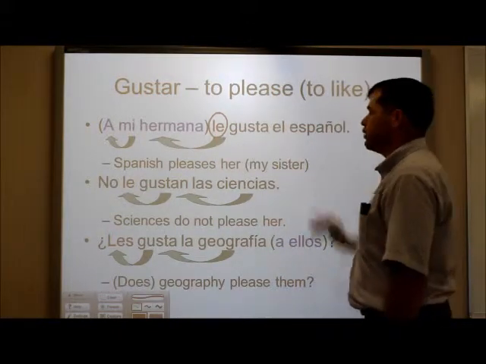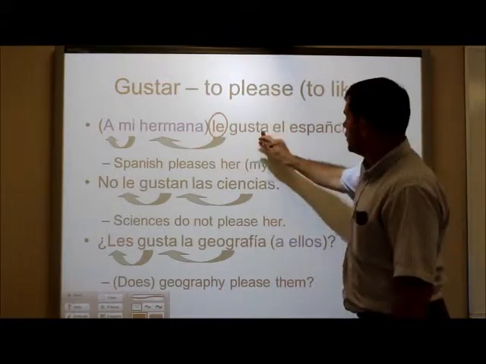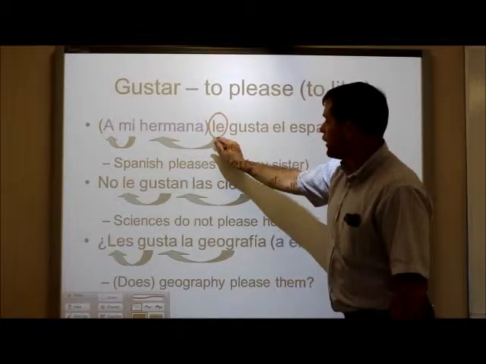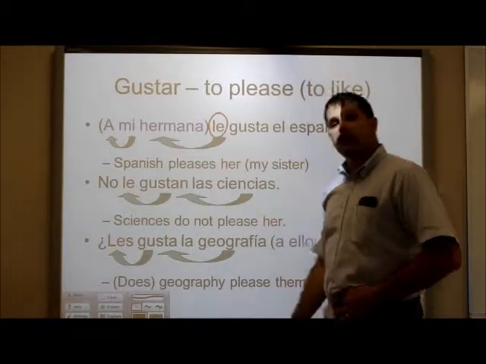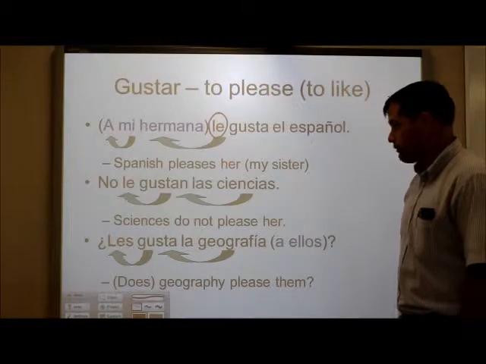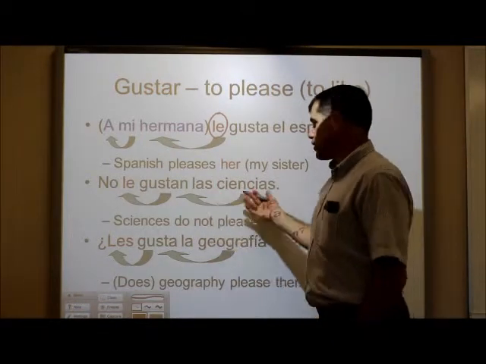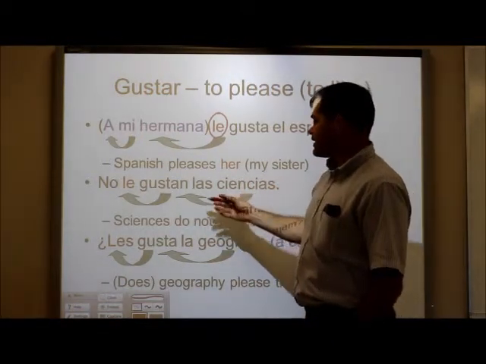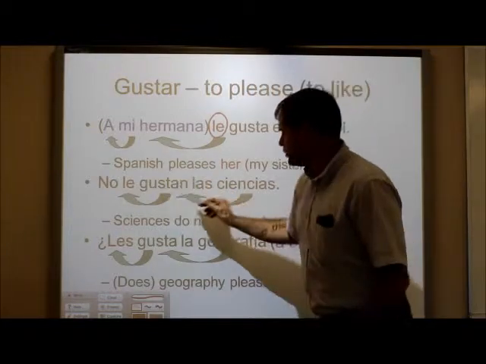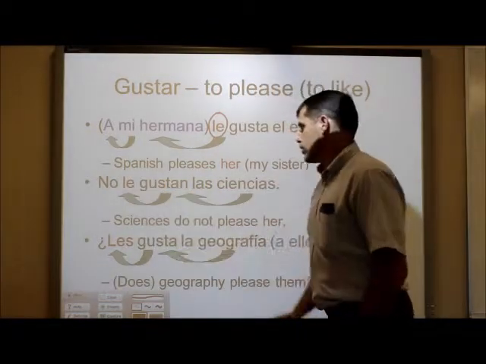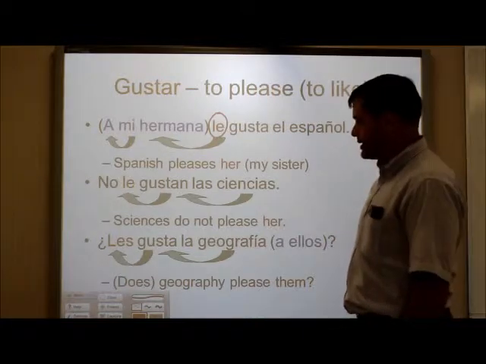Le gusta el español. Spanish pleases her, and that her is clarified by saying a mi hermana. Okay? Similarly here, las ciencias don't please her. No le gustan las ciencias.